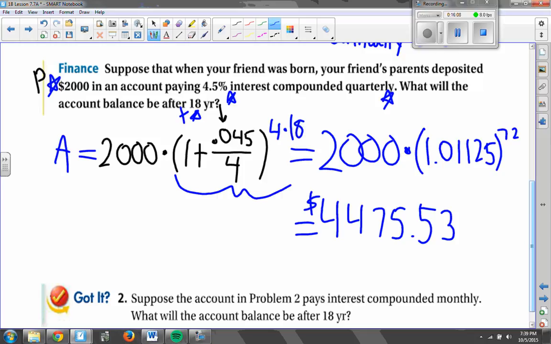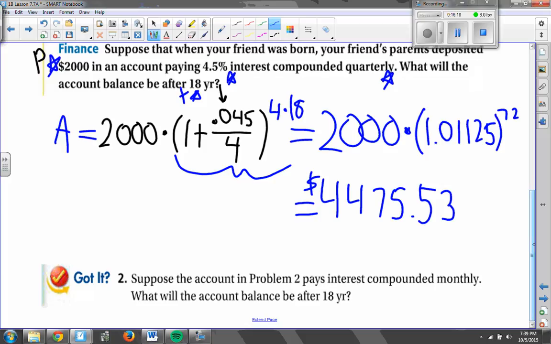Now, I want you to do got it number 2 right there in the middle of page 462. It's very, very similar to the problem we just did. In fact, they are only going to change one piece of your formula, and that is the compounding. They're going to make it compound monthly now instead of quarterly.